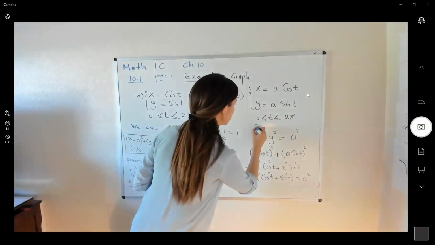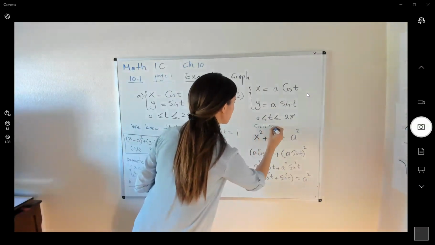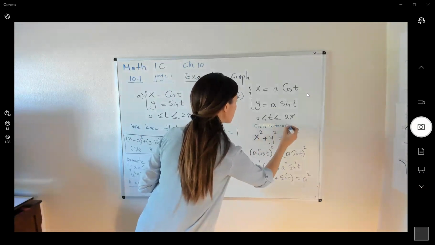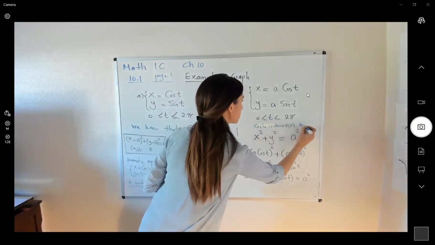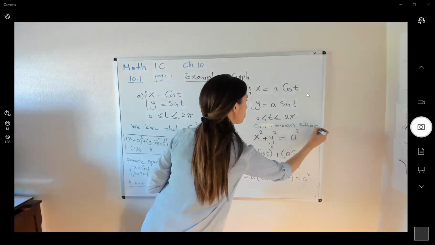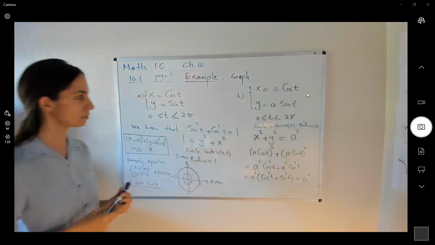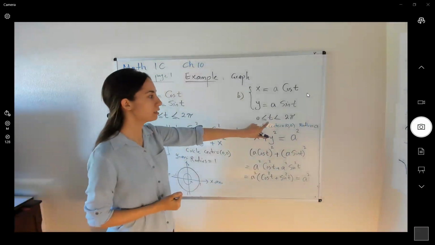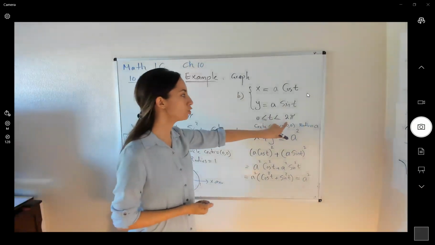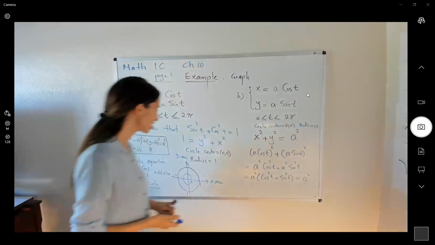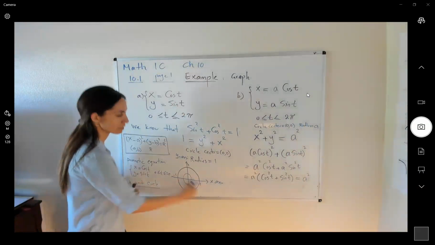A circle with center at the origin and the radius equal to a. And since t ranges between 0 to 2 pi, it just rotates once.